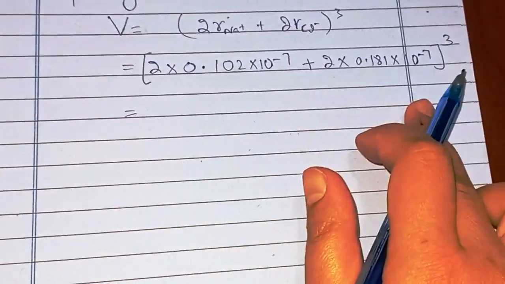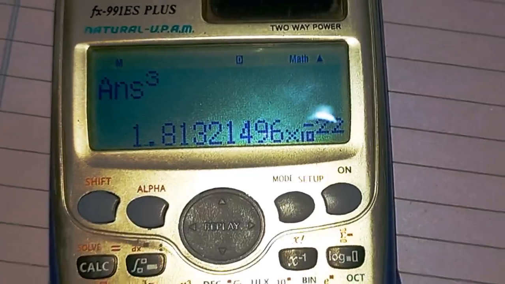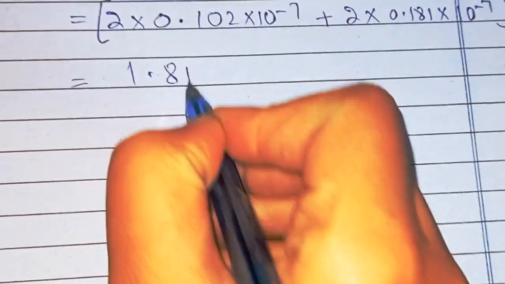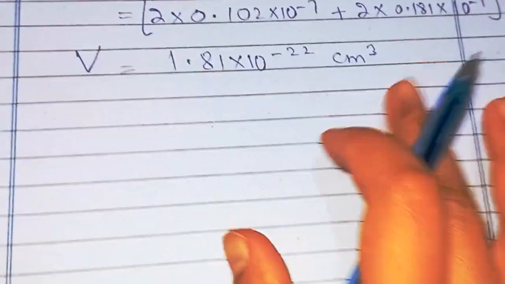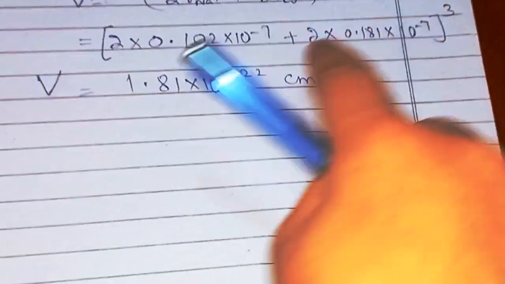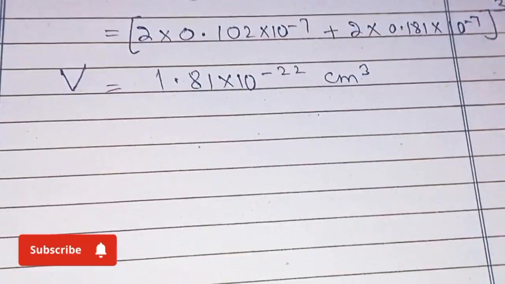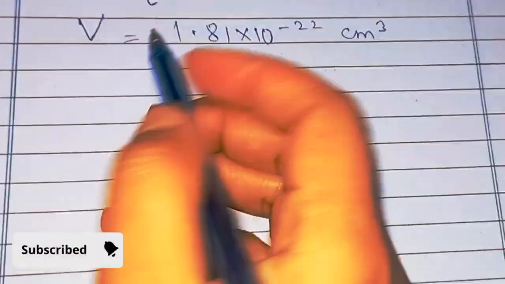Let's calculate it on the calculator. This is the value that we got: 1.81 multiplied by 10 to the power minus 22 centimeter cube. Since we put the values in centimeters, the cube of it is centimeter cube, and that is the volume. Now let's put the value in equation number 1 to get the volume density.